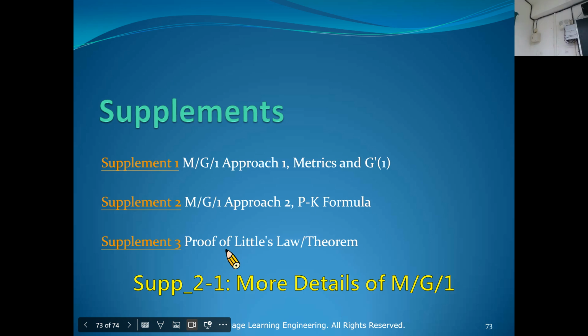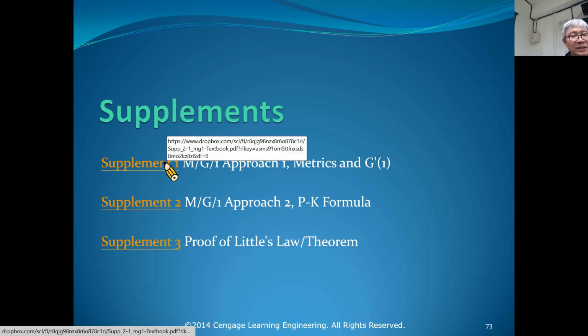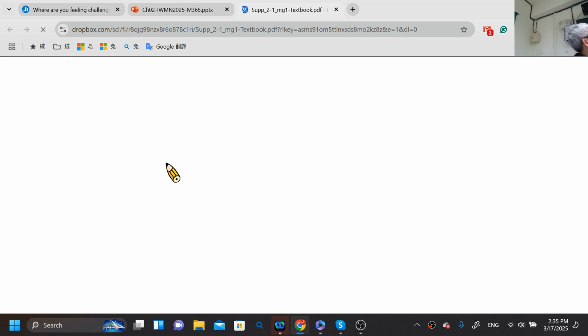Now, I ask you to check here for supplement 1, the matrix geometry approach, and supplement 2, the mean value approach to derive the Pollaczek-Khinchine formula, the PK formula. And right now I go through the content directly.